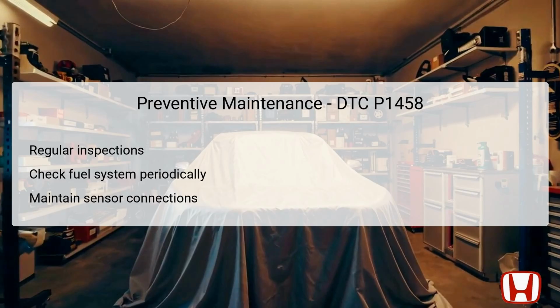Regularly maintaining sensor connections and harnesses will prevent loose or damaged components, which could lead to erroneous readings over time. Implementing these maintenance practices cultivates longevity for the vehicle's performance and efficiency. Being proactive in these maintenance tasks can save both time and cost related to repairs.